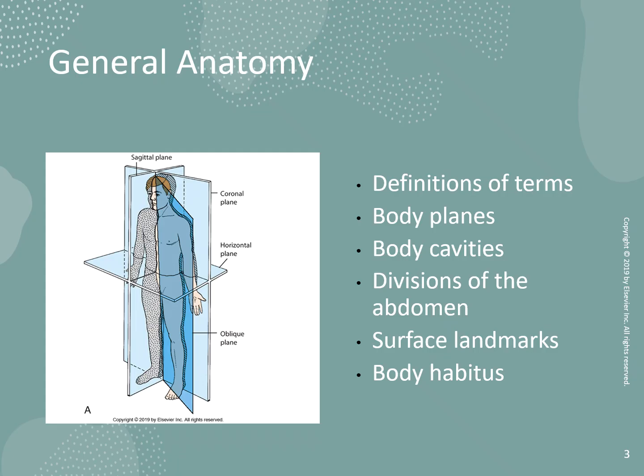The iliac crest, the anterior superior iliac spine, the styloid process of the radius and ulna, the epicondyles of the distal humerus, the sternal notch, the vertebra prominens, the xiphoid process.